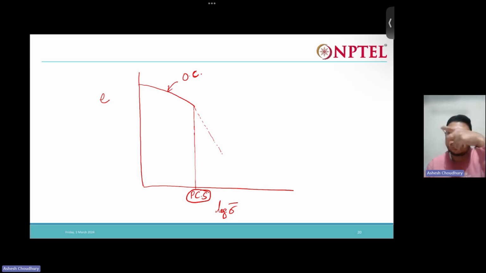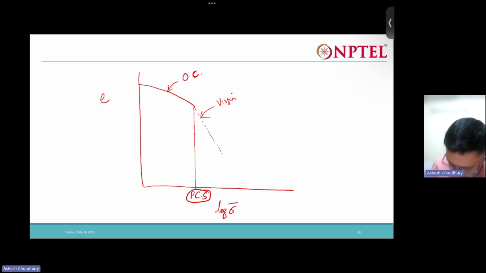The soil in its history had encountered 100 kg, so this 100 is the pre-consolidation stress. From 0 to 100 this soil behaves as an over consolidated soil. As the soil crosses this 100 kg mark, it behaves like a normally consolidated soil. This is known as the virgin curve.